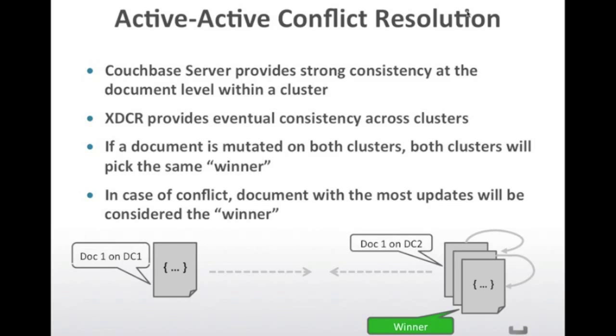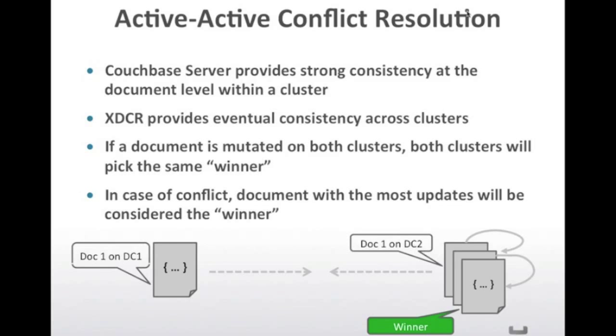So what we provide is eventual consistency across the clusters. If a document has changes that happen on both clusters, then we make sure both clusters will pick the same winner, so there's no inconsistency. Eventually, both clusters will be consistent and will have the same version of the documents.